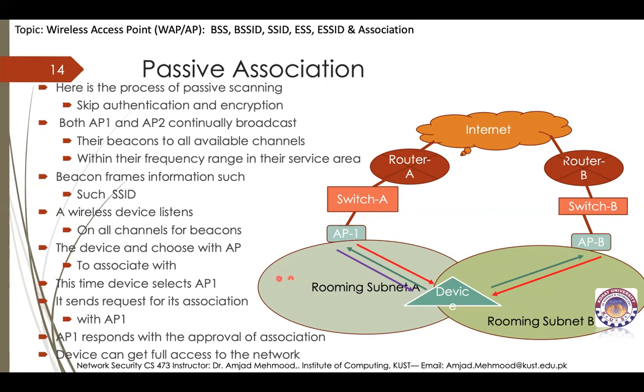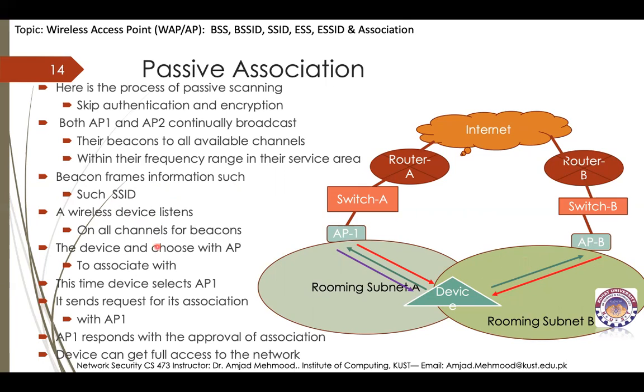AP will be sending in its own BSS, and this access point will be sending beacons to all channels within its own range. A beacon frame contains information such as the SSID, the information of the network.